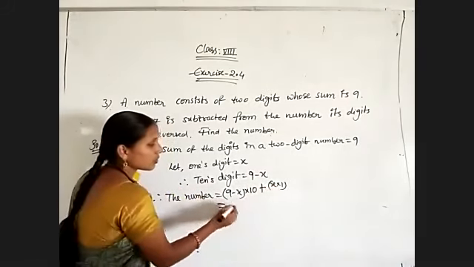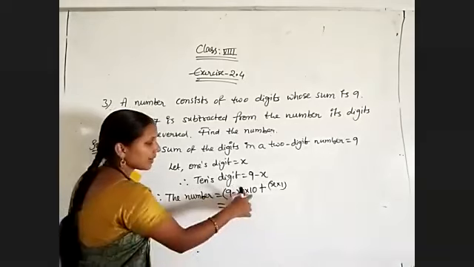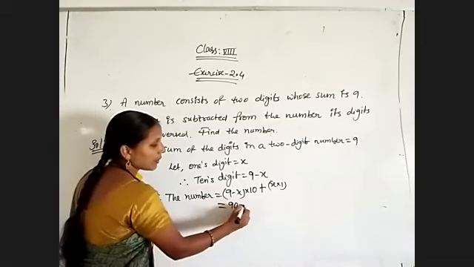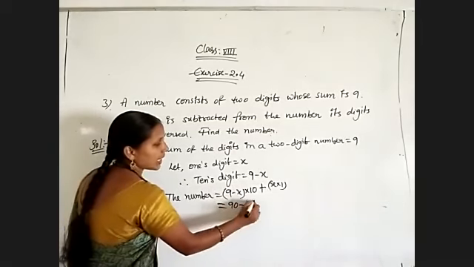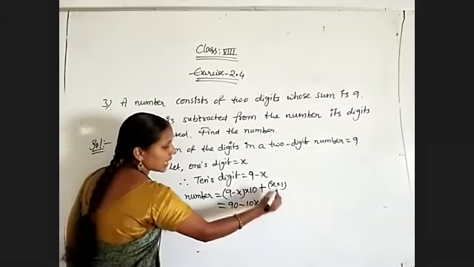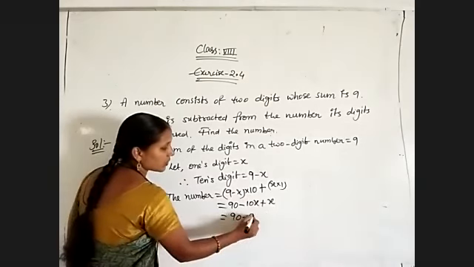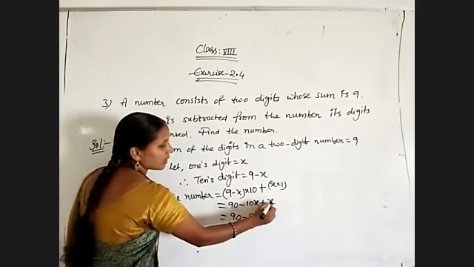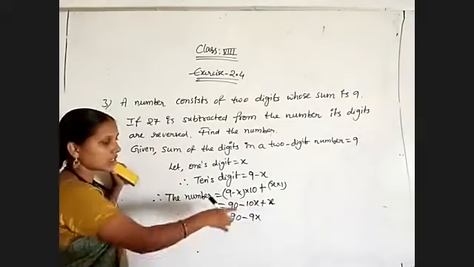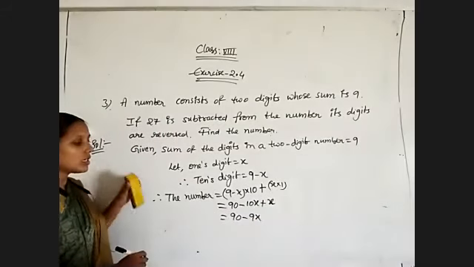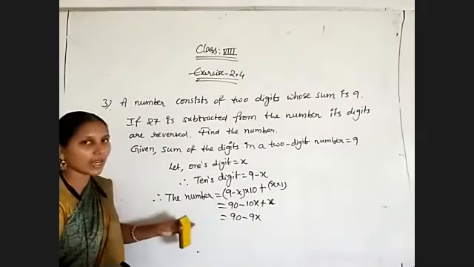Expanded form, remember this. So which is equal to, do the simplification. 9 into 10 is 90, minus 10 into x is 10x, plus x into 1 is x. So 90 minus 10x plus x is equal to 90 minus 9x. Here minus 10x is greater, that's why minus 9x we got. 90 minus 9x is the required number.